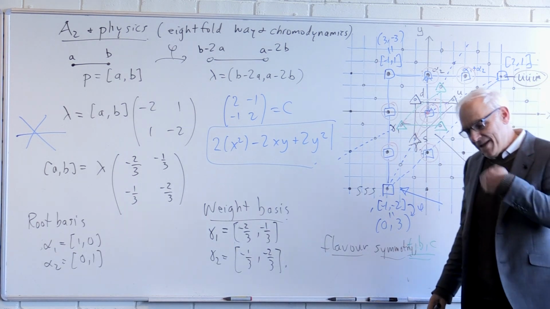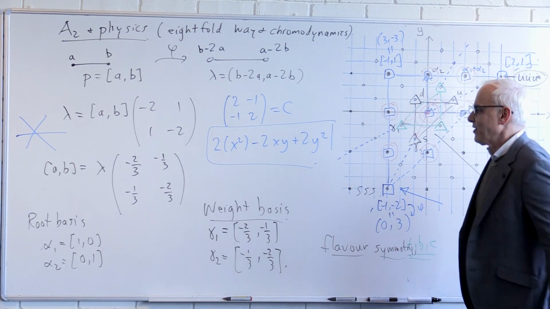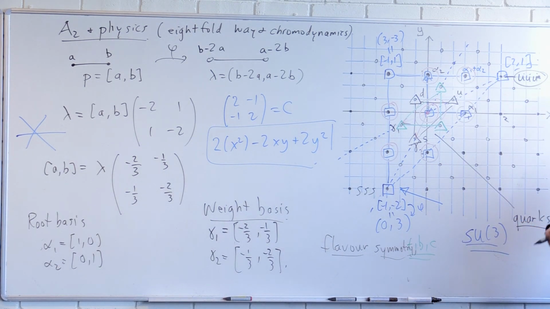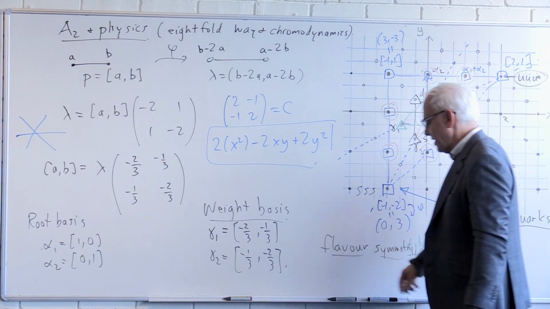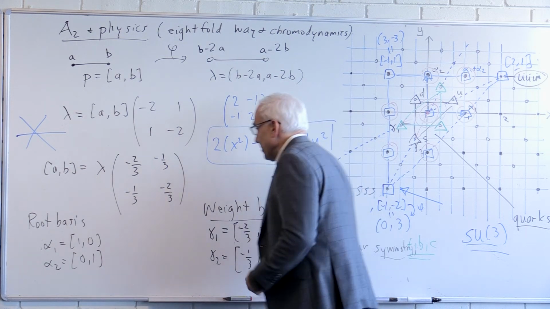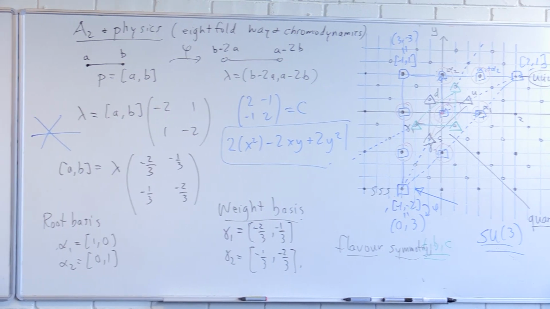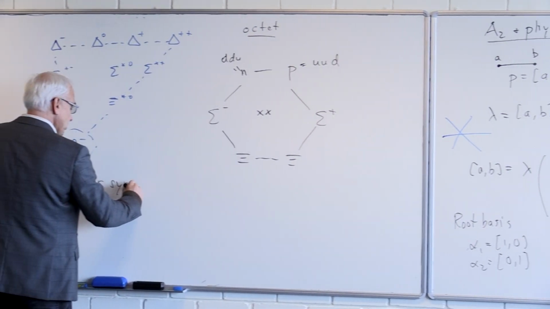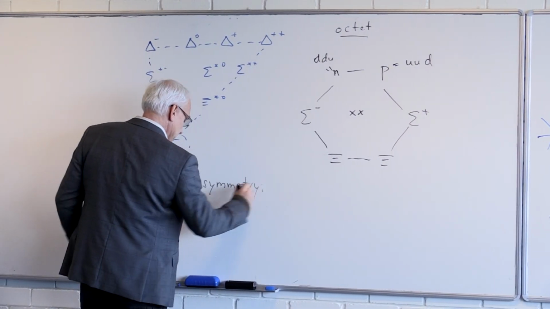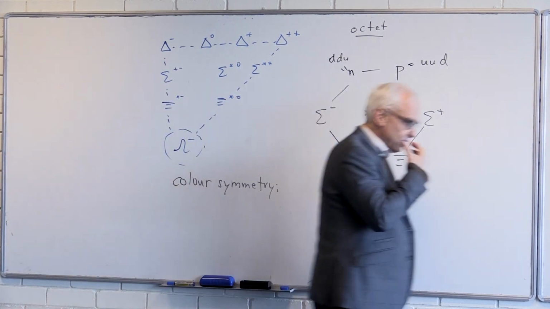So in order to make that work, they had to introduce another brand of symmetry. This entire story, roughly, is then replicated in what's called color symmetry, where we suppose that we don't just have quarks, but that quarks come in three different colors.